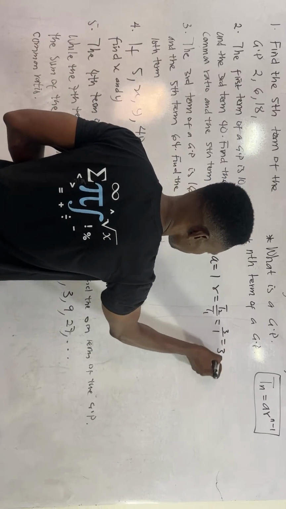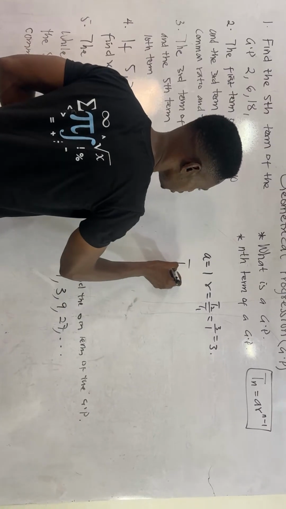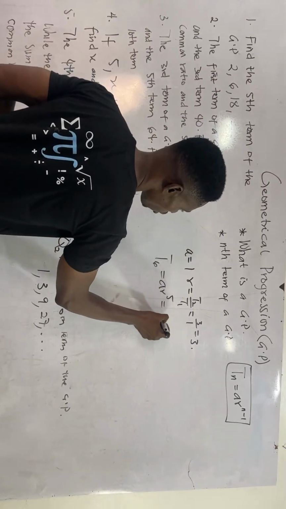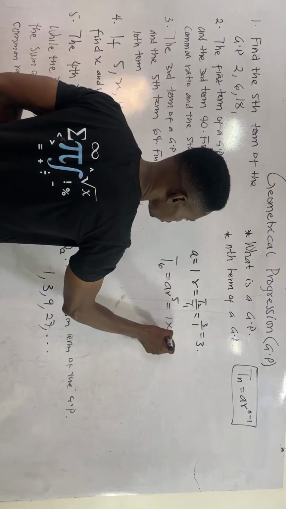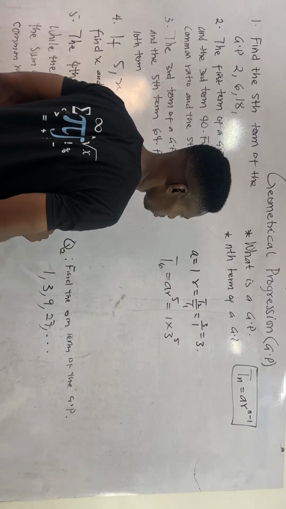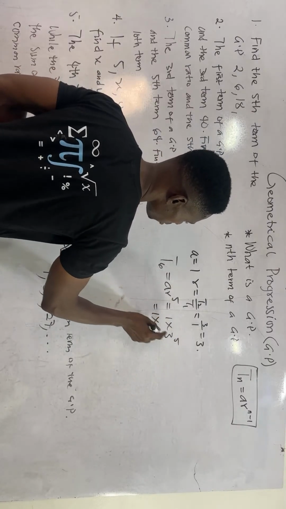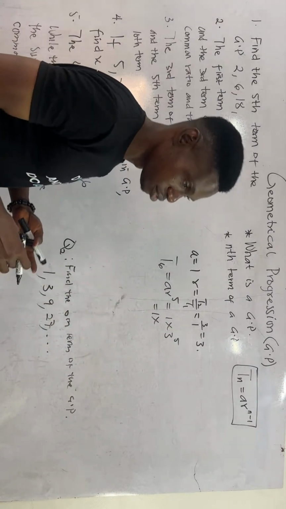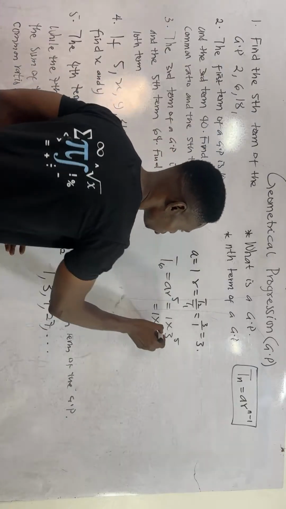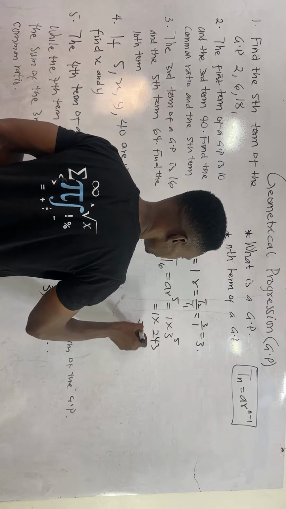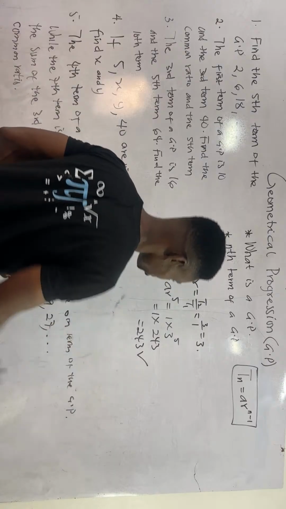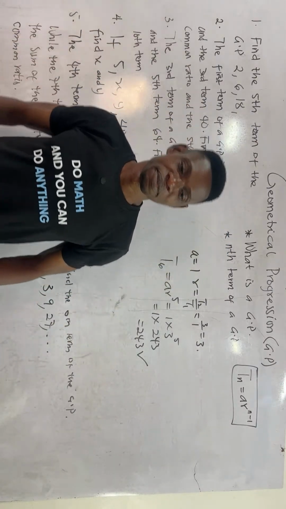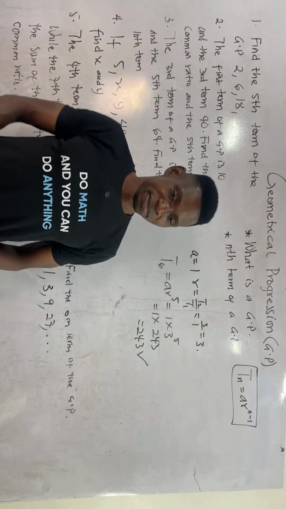Then our T6 will be AR5, which is 1 multiplied by 3 raised to the power 5. So you have 1 multiplied by 3 raised to the power 5. That's 3 times 3, 9. Times 3 again, 27. Then 81 and 243. So the final answer is 243. So correct. I think Benita and the other person got it. Okay, so a good one.